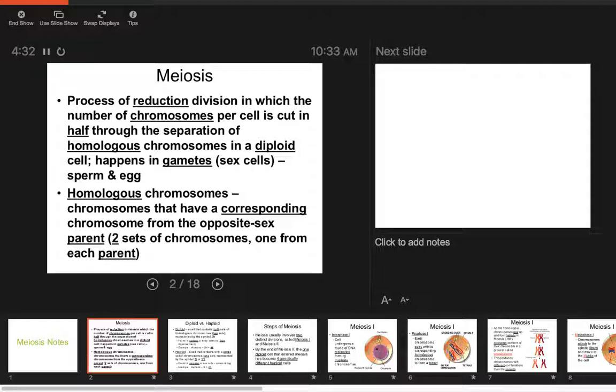So you are made up of 23 chromosomes from mommy, 23 chromosomes from daddy, and those matching sets, chromosome site number 1, the matching set for site 1, that's a homologous set of chromosomes. Site number 2, the matching set, homologous chromosomes, and so on and so on.